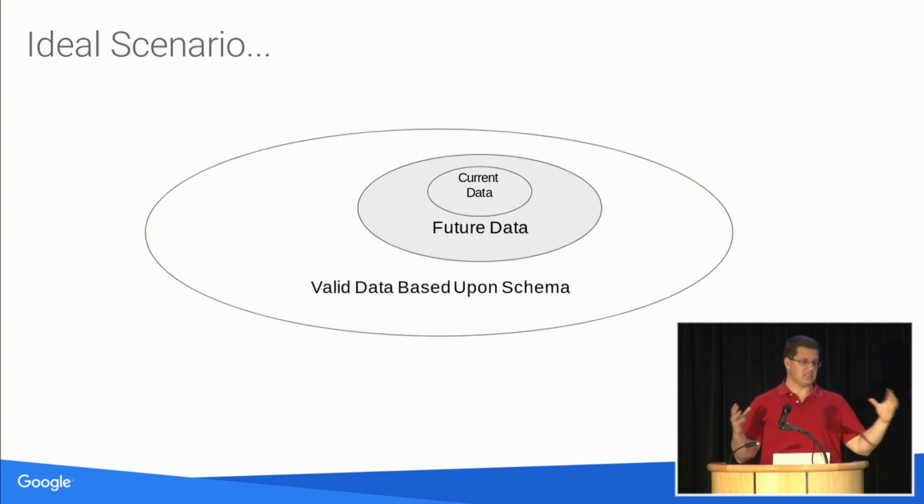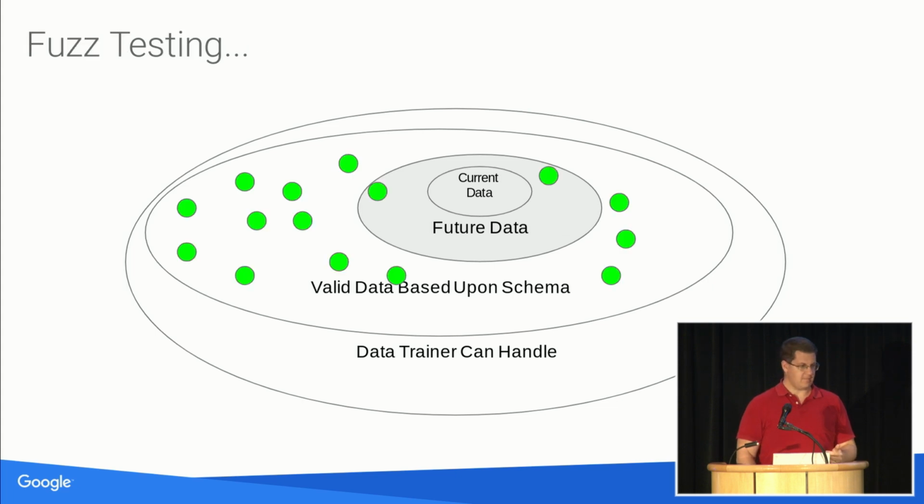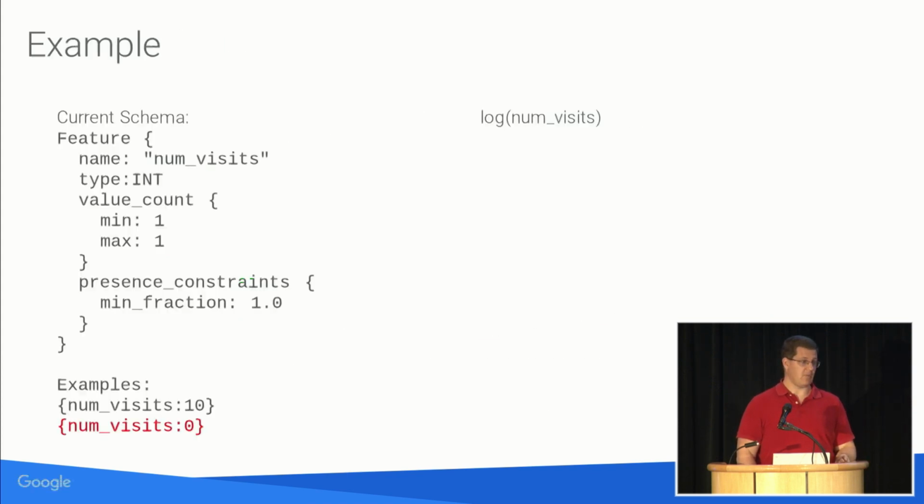And that is of course a subset of all the valid data based upon the schema. And that is a subset of all the data the trainer can handle. Now, if we do fuzz testing, we're going to generate a whole bunch of examples that are valid data based upon the schema. And they should all be data the trainer can handle. And if they're not, we get some examples where the trainer can't work.